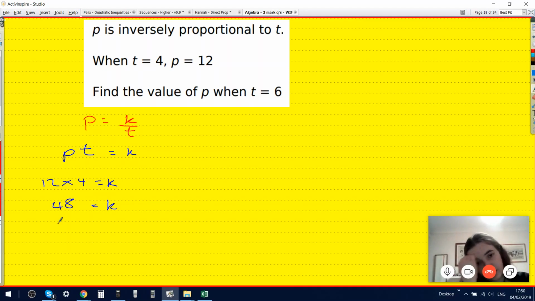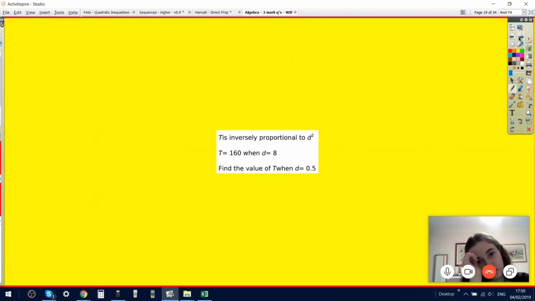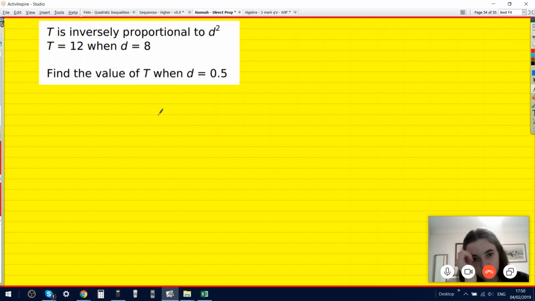Then P equals 48 over 6, which is 8. That's fine. Now we can do this.